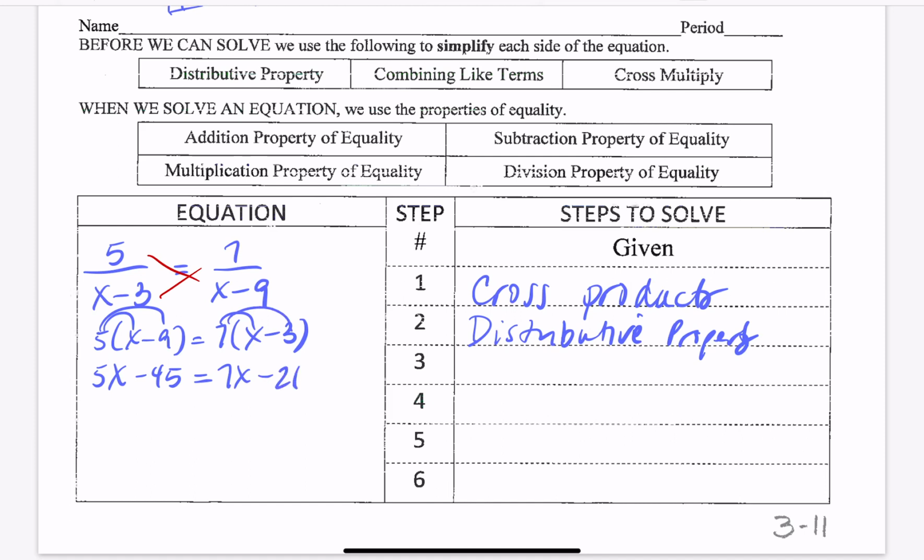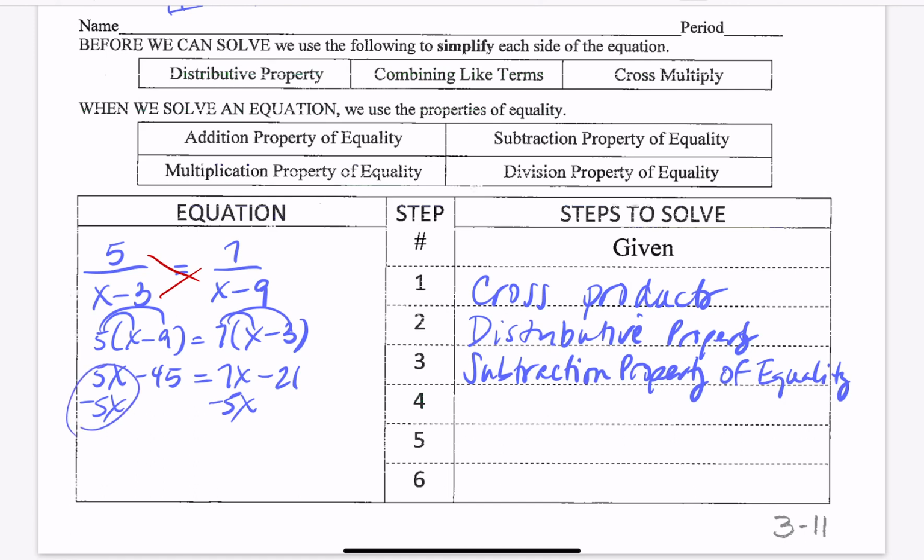So now I have variables on both sides. I am going to choose to subtract 5x from both sides to get rid of the 5x on the left side. So because I'm subtracting from both sides, this is a subtraction property of equality. And this cancels out. I get minus 45 equals 7x minus 5x is 2x minus 21. Here's my x.